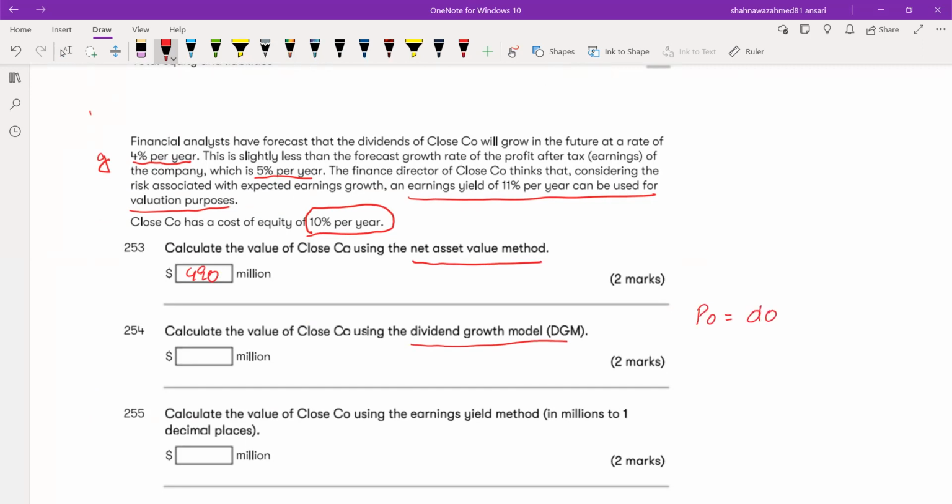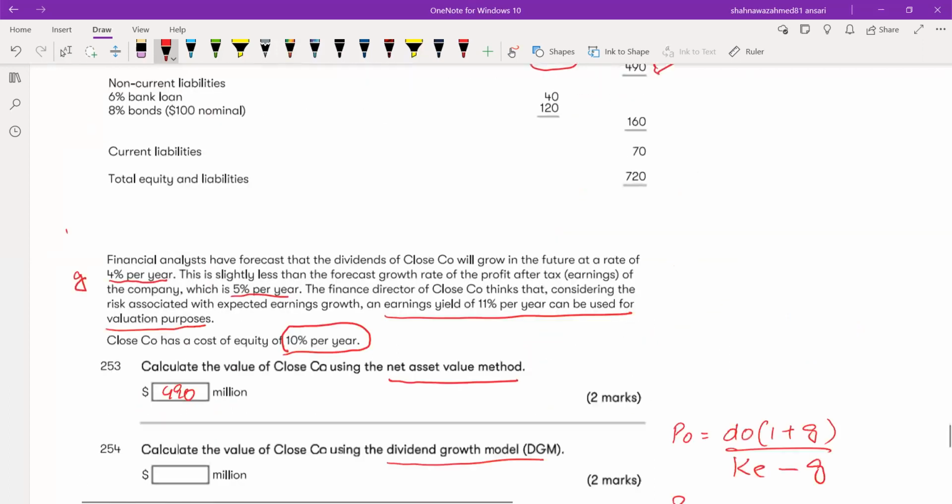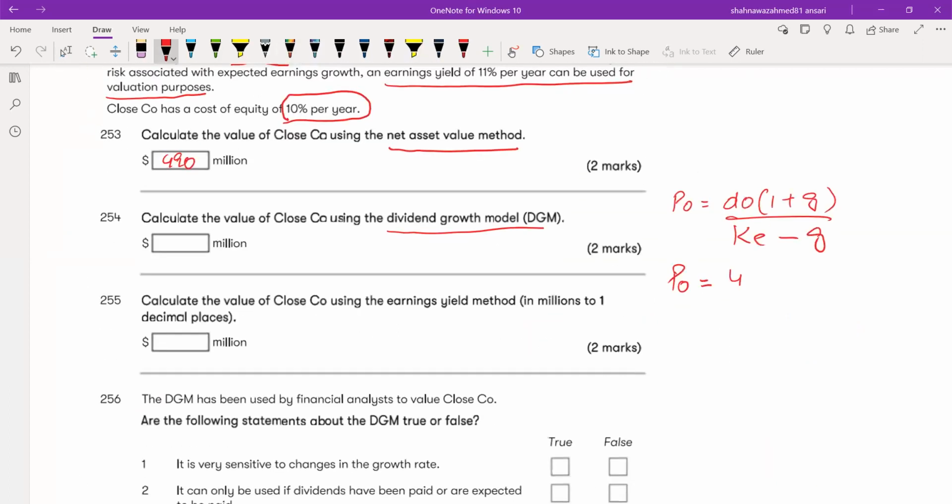Calculate the value of the company using the dividend growth model. Formula: current dividend times 1 plus growth, over cost of equity minus growth. Everything is given in the question. The current dividend is 40 million. Growth rate is 4%. Cost of equity is 10% minus 4% growth rate.